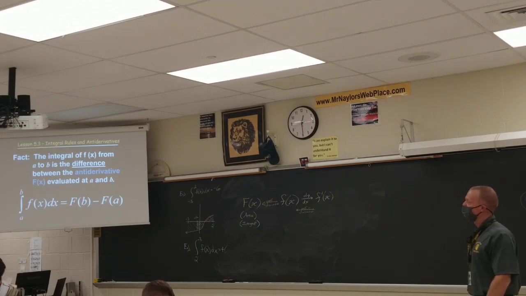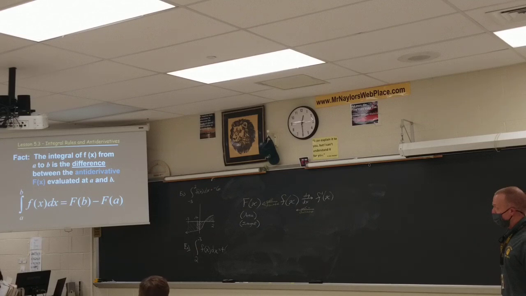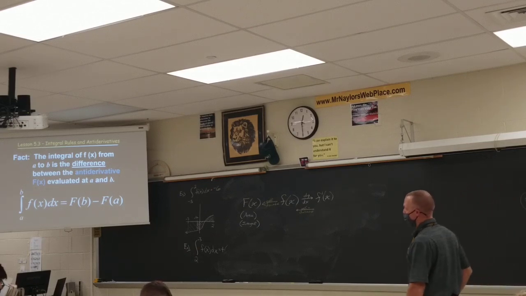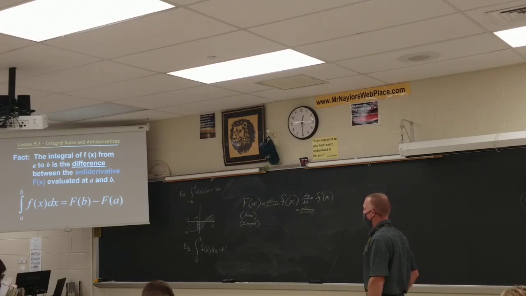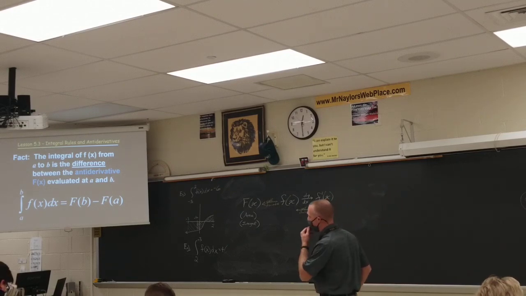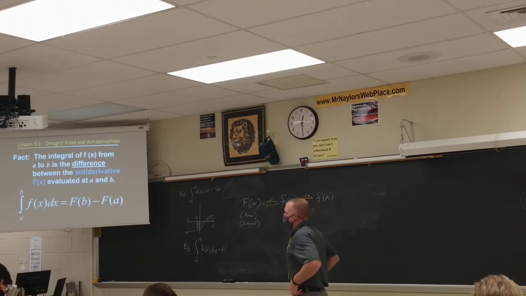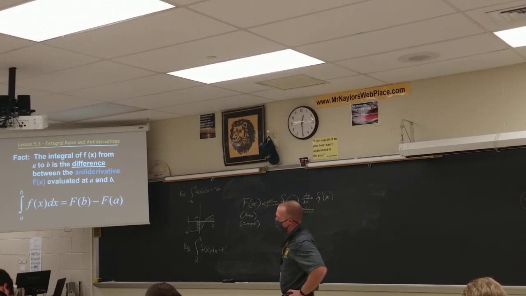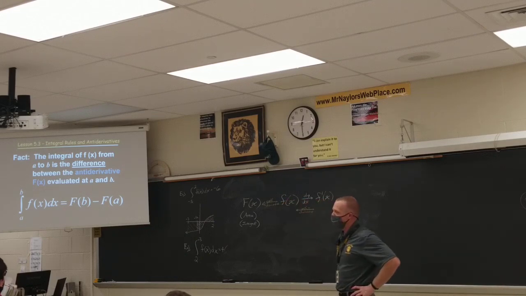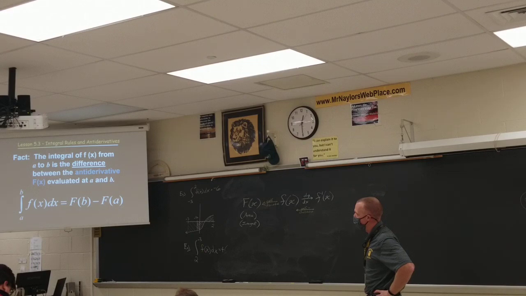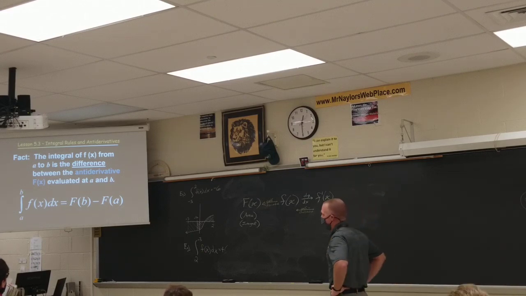Okay, because this gem right here, this formula, well, it's pretty big. You'll find out just how big next time we get together. So the integral of f of x from a to b is capital F of b minus capital F of a. Okay, it's pretty neat.